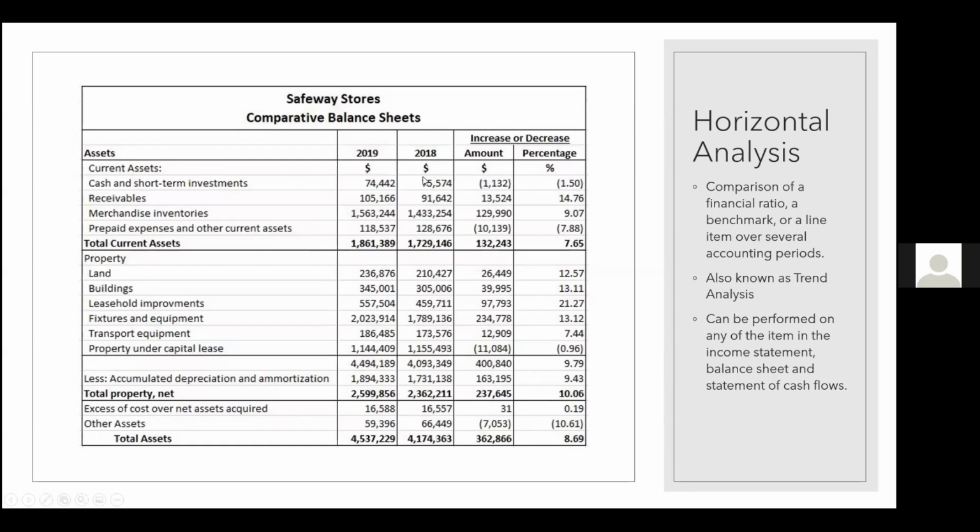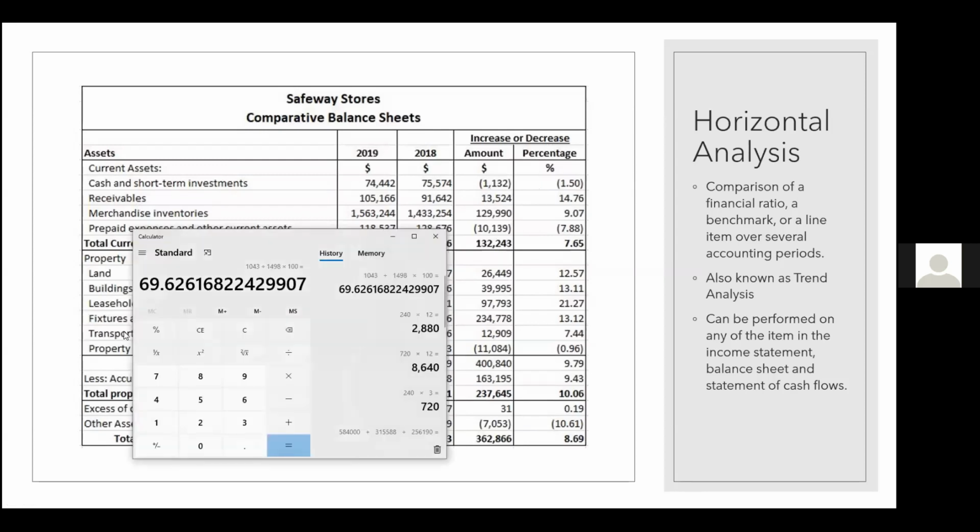Here, from 2018 to 2019, there is a decrease in the cash and short-term investment of $1,132. Can you follow? How did we get that? We just deducted 75,574 from 74,442. Right?